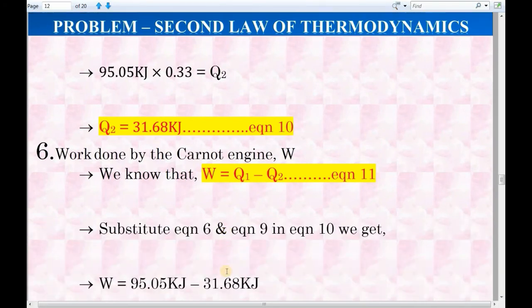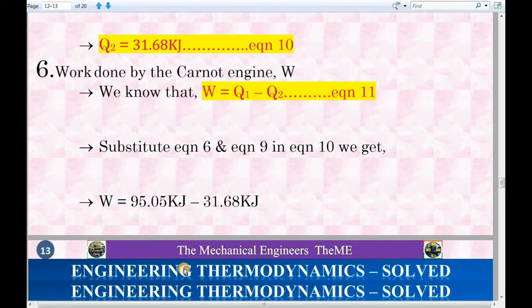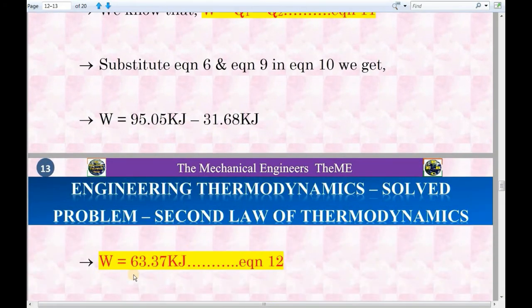We get W is equal to 95.05 kilojoule minus 31.68 kilojoule. So here 95.05 kilojoule minus 31.68 kilojoule is 63.37 kilojoule. So the next step will be W is equal to 63.37 kilojoule, which means the work done by the Carnot engine is 63.37 kilojoule, and consider this one as equation 12.